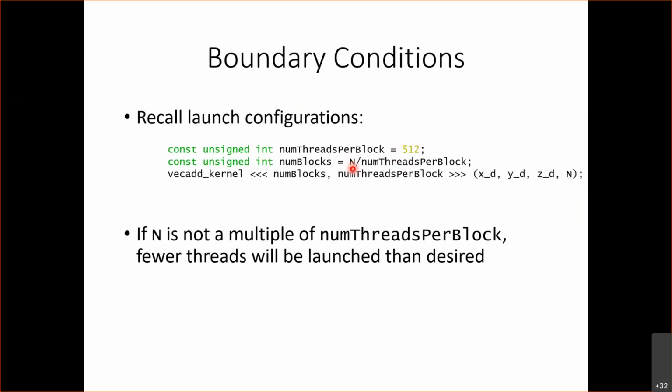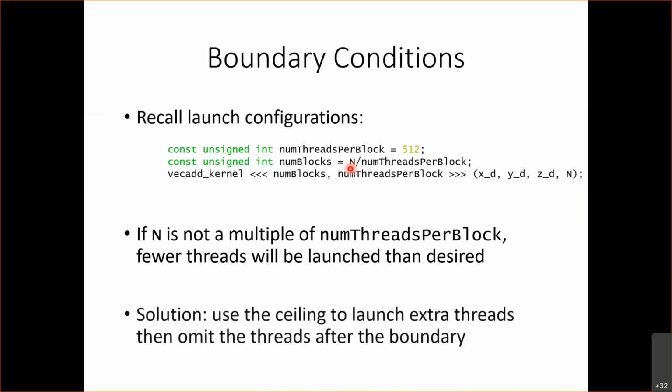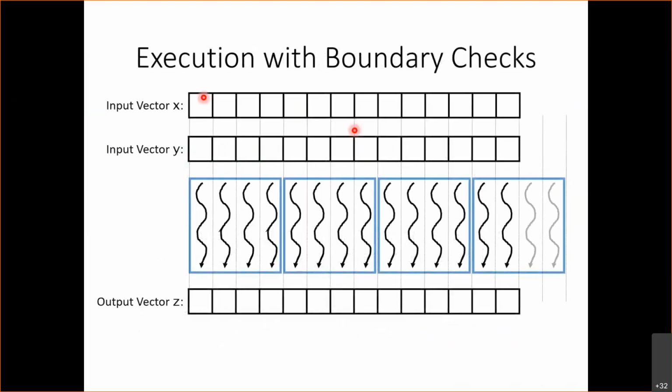We should round up. We should take the ceiling. What the ceiling will do is launch extra threads, and then somehow in the code I'm going to have to eliminate these extra threads and ask them not to do any work. So if my array did not have 16 elements like in the original case, and it only had 14 elements, then I only need 14 threads, but I don't have a way to launch 14 threads because my thread block size is 4.